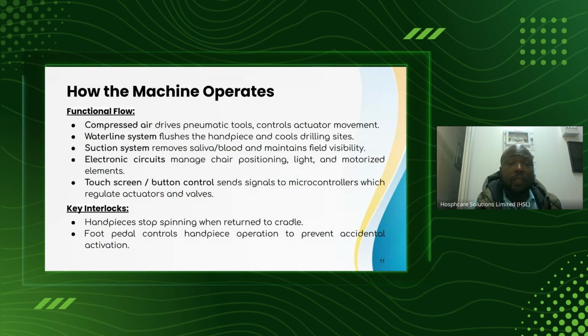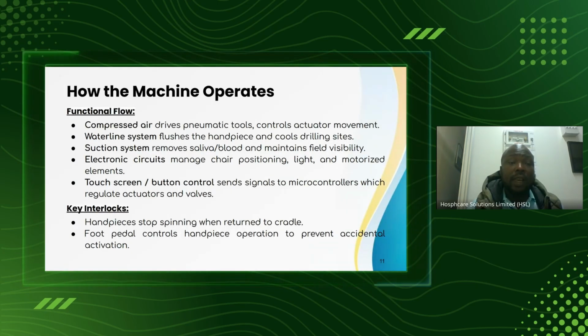The light for visualization will be able to come on. The pneumatic system, that is water, vacuum, and air, will be running the turbines and doing the cooling and rinsing.